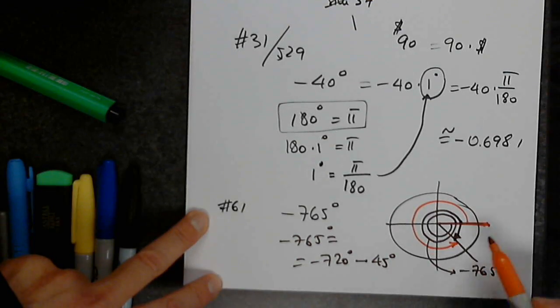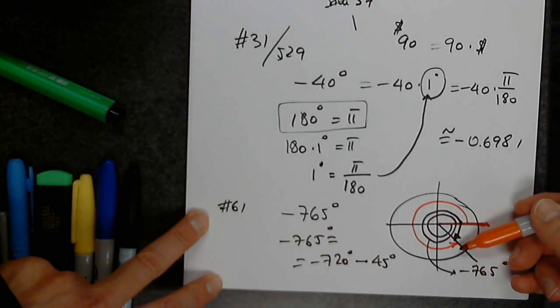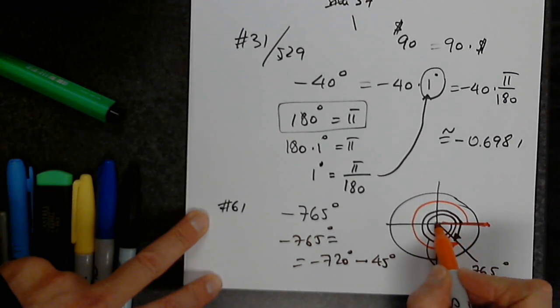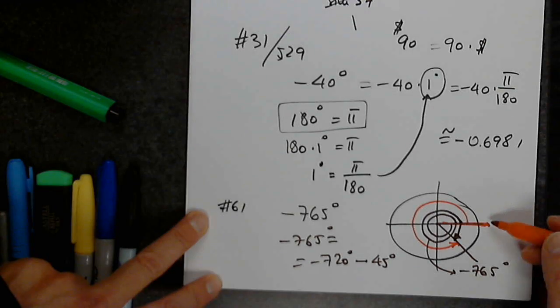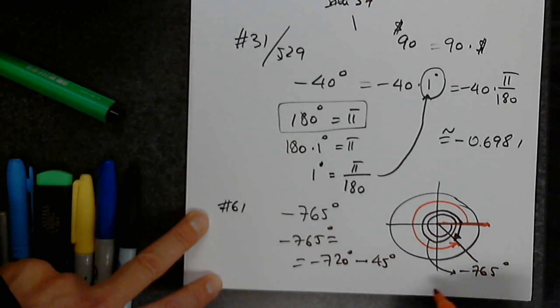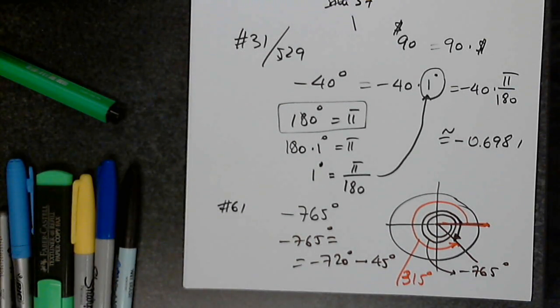I know the whole thing is 360, but I have to come back 45. So it will start at 0 and end here. So 360 minus 45 is 315. And that is the positive angle less than 360 degrees, coterminal with negative 765.